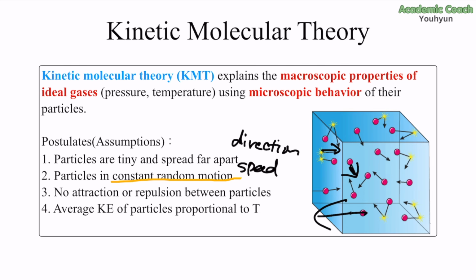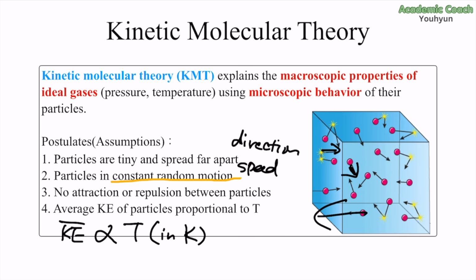We are going to assume that there are no intermolecular forces between these ideal gas particles, so that means every single collision will be elastic. Particles do not lose energy because they collide with each other. The last one is that the average kinetic energy of these particles is directly proportional to absolute temperature measured in Kelvin.